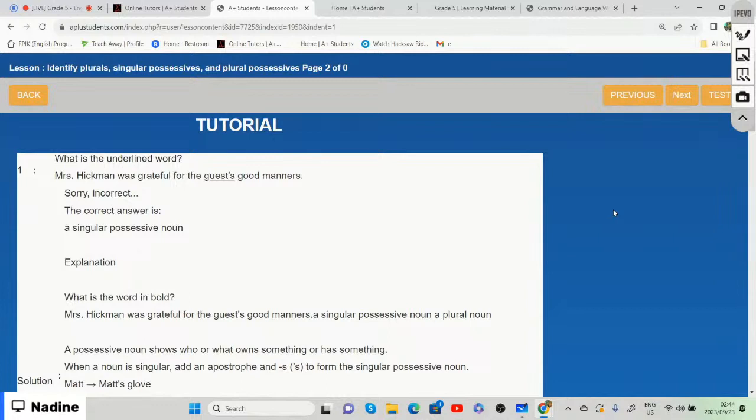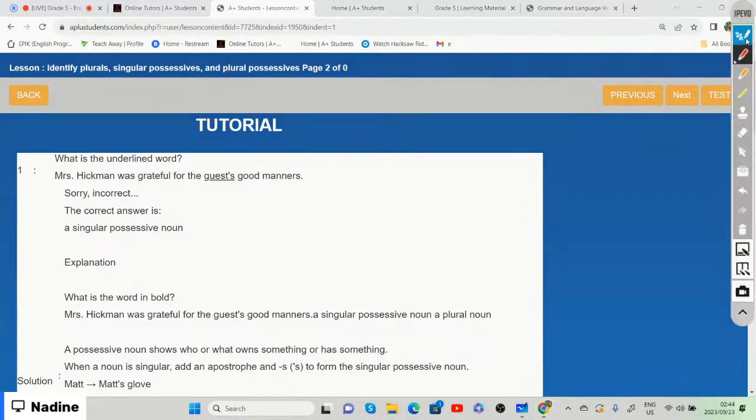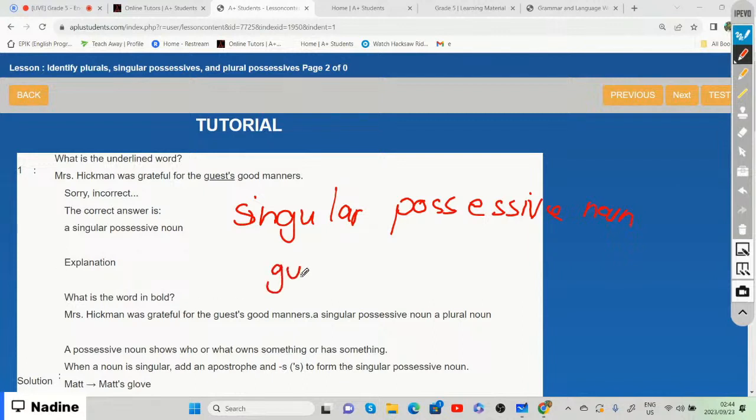Without the apostrophe, it will just be guest. So we will say that this is a singular possessive noun, because it is actually guest.